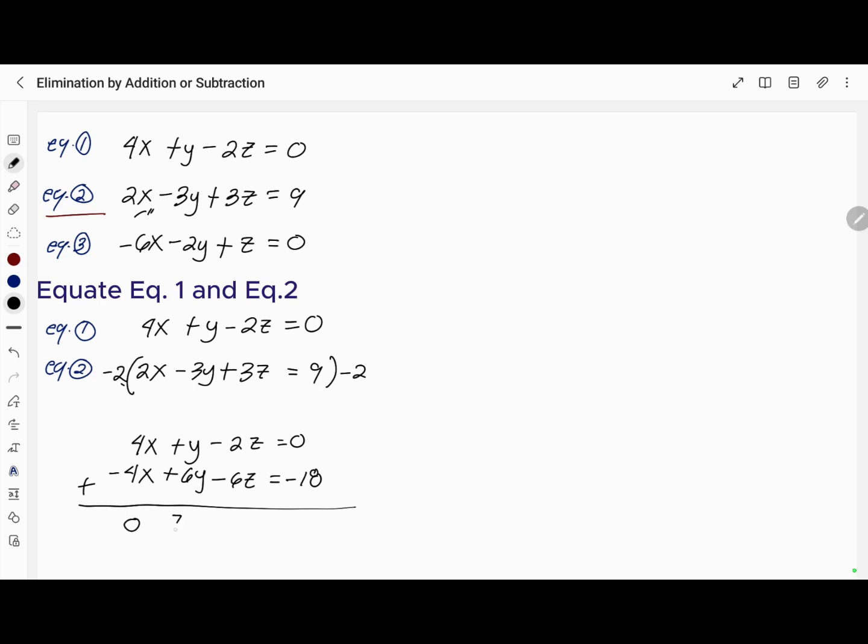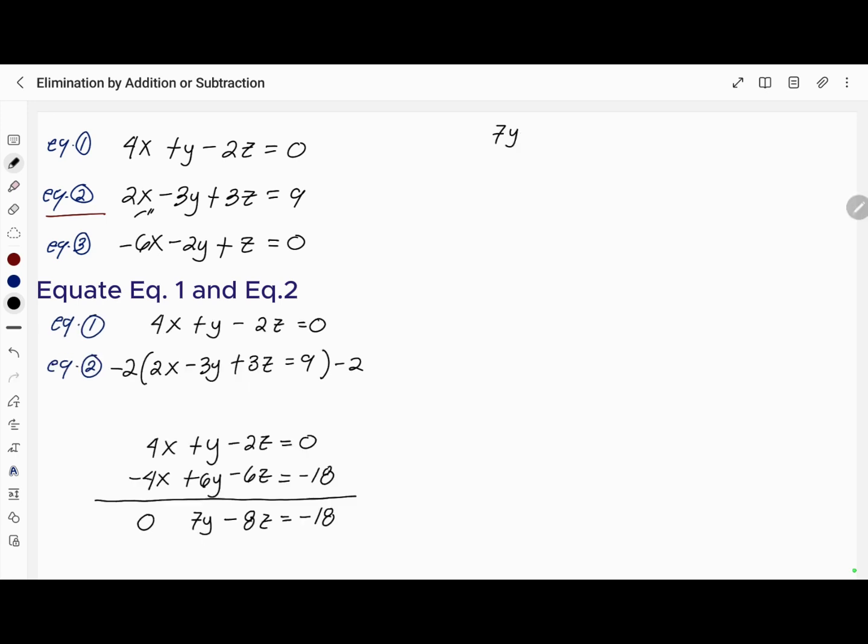Then for y, we have 7y. Then for z, we have negative 8z. And we have negative 18. Now we have our fourth equation, which is 7y minus 8z equals negative 18. Equation 4.